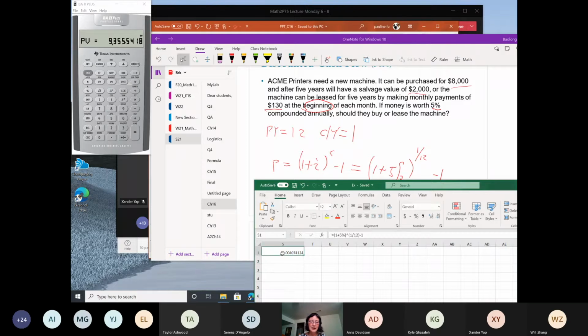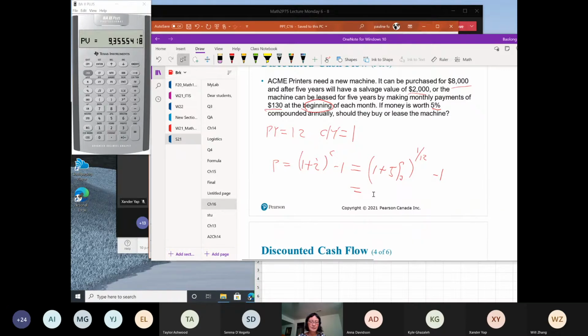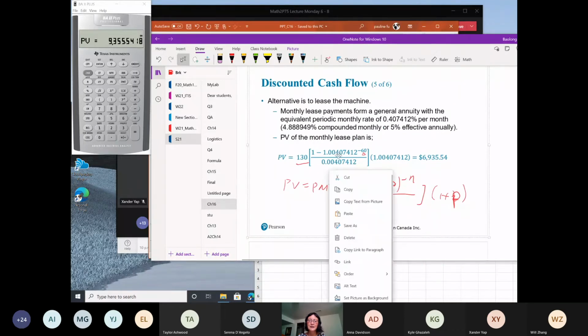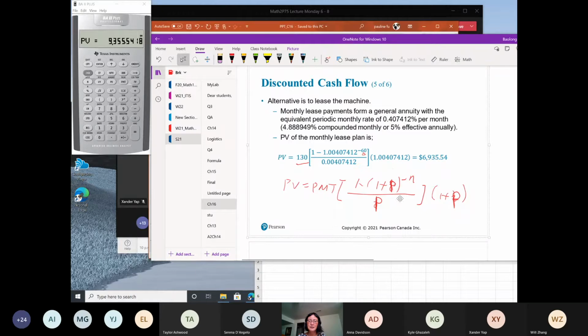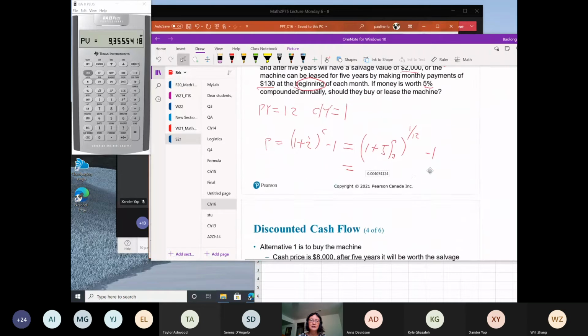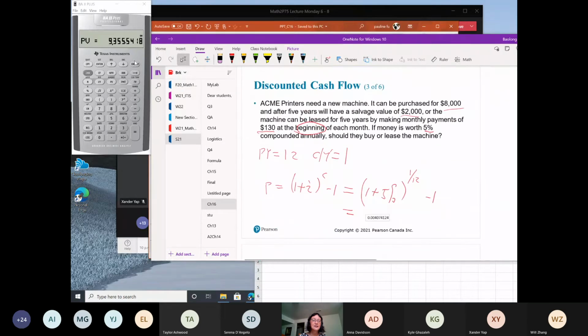This is the number I get. That is the p. This is the p value, 0.00407. Plug this p value, 0.00407, into this formula and you get this number. So this is the formula method.